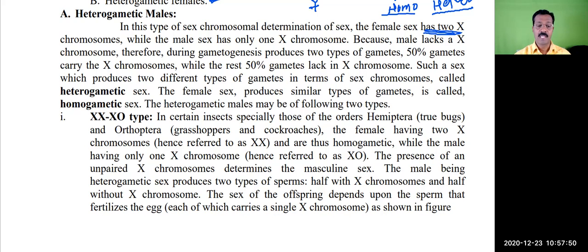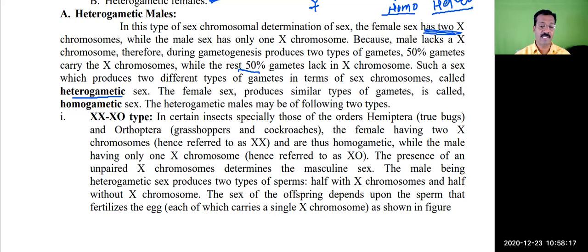Female will form similar type of gamete, but male will form either X or Y, meaning 50% are different from the remaining 50%. And that's why this one is called heterogametic, meaning it forms two different types of gametes.